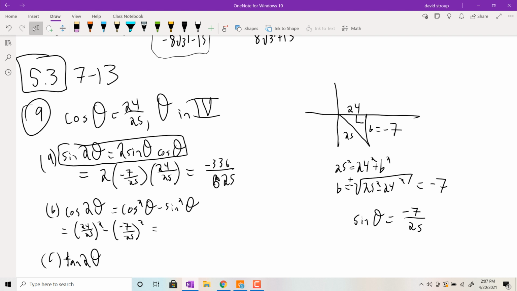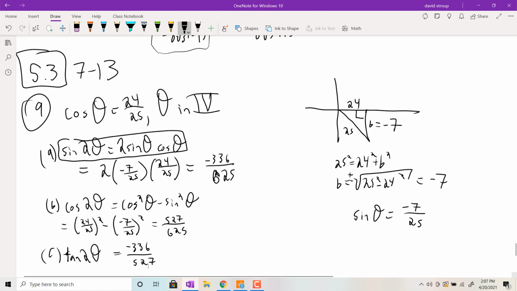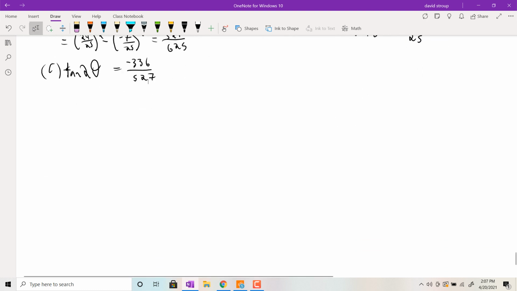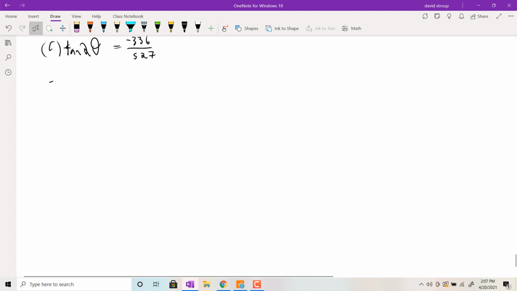And if you put that in your calculator, you'll get 527 over 625. And for tan, you can just take the ratio of sine and cosine. So you get negative 336 over 527, and you're done. Okay. All right, good stuff.